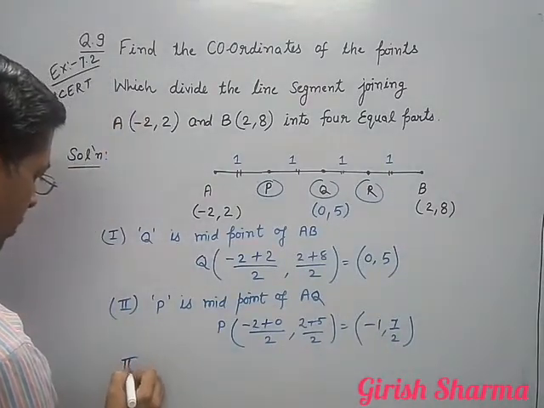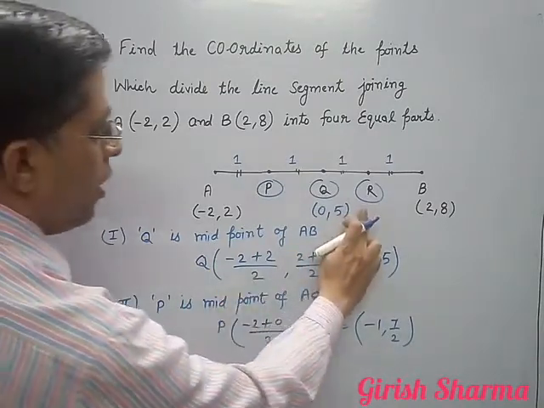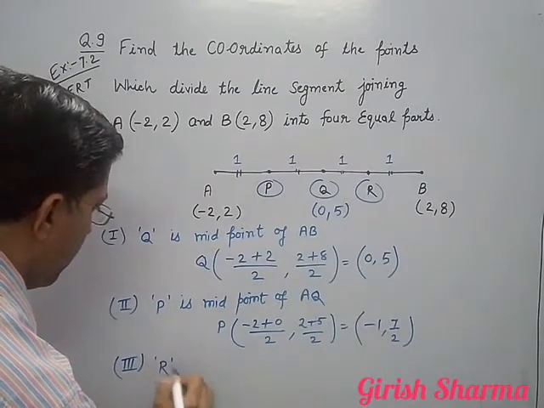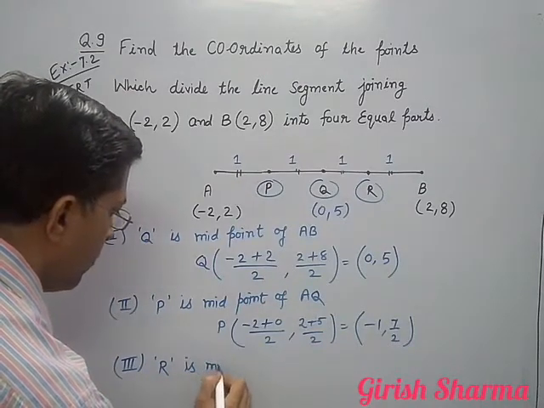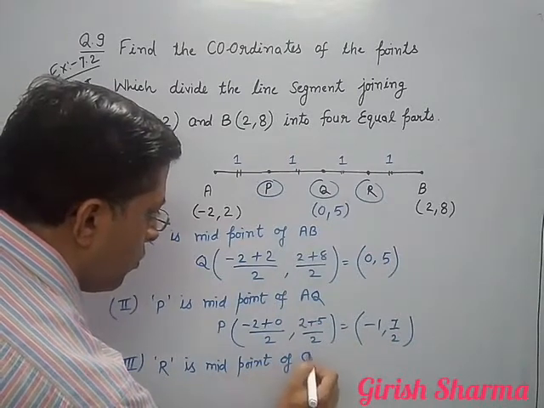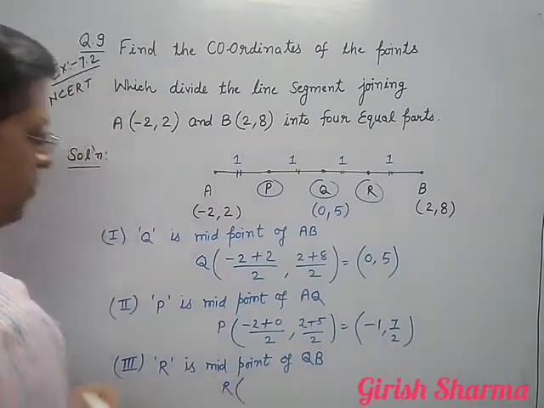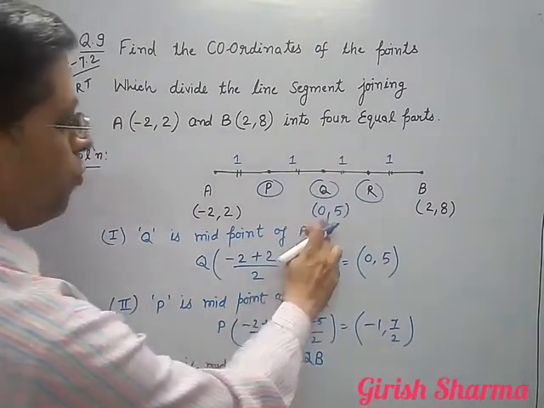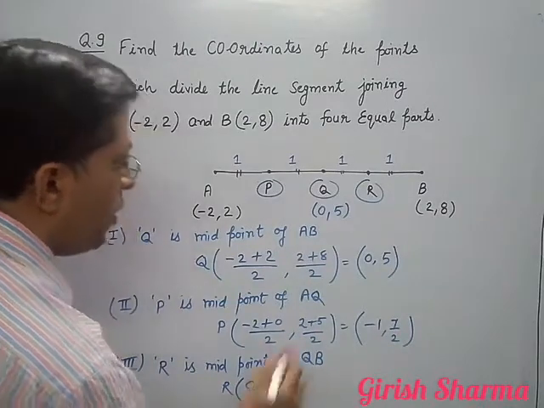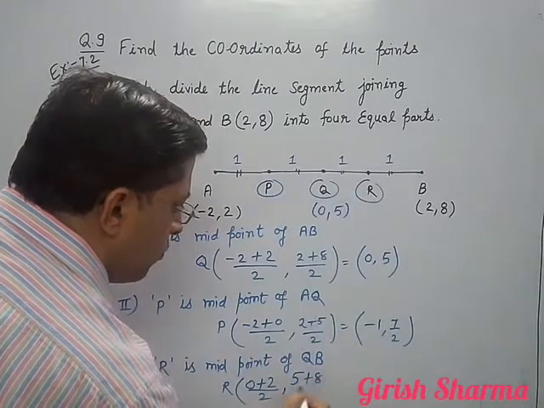And the third point is your third case. Now point R. What is R? R is the midpoint of QB. Then what is R? 0 plus 2 upon 2, comma 5 plus 8 upon 2.